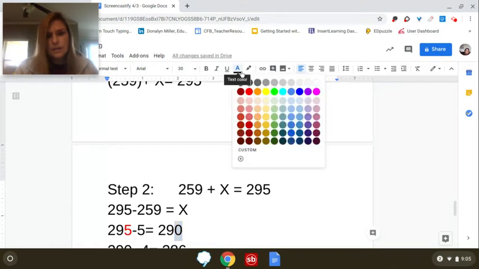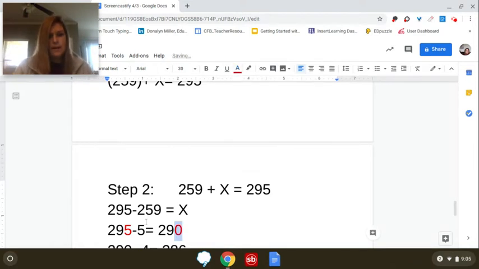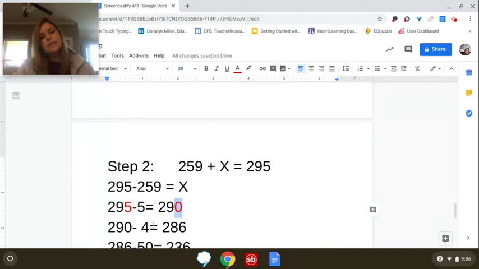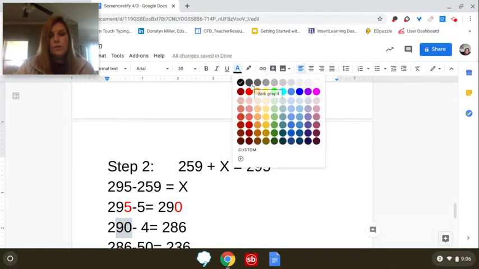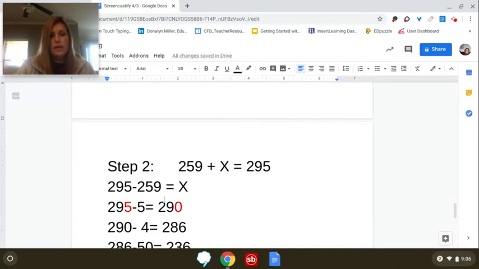When I did this, if you'll notice, I minus that 5, and the only thing that happened was I changed that ones place, okay? On the second step there, we have 290, and when we take 290, I want you to notice that two numbers changed when we subtracted this 4. We had both the 0 and the 9 changed. So both the 10s and the 1s changed on that one.